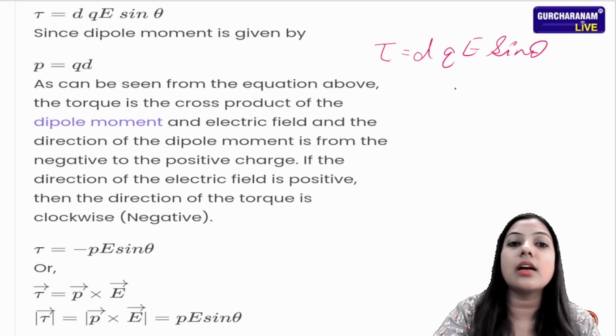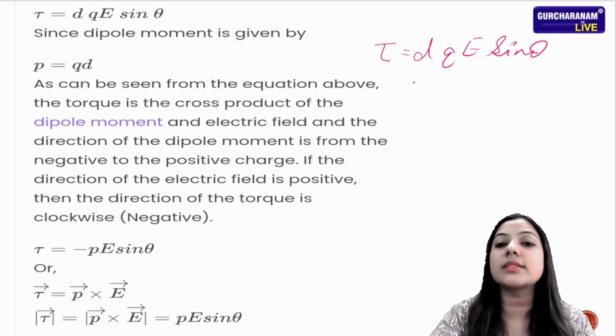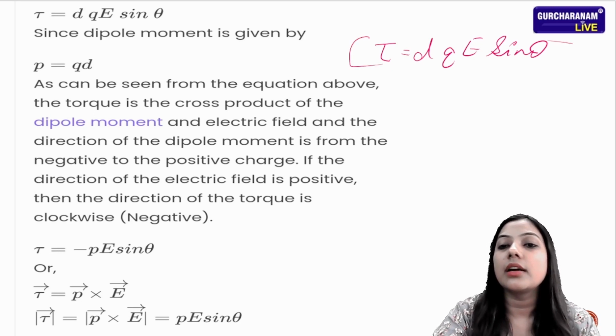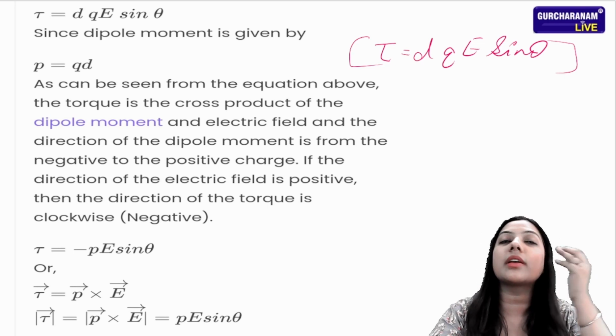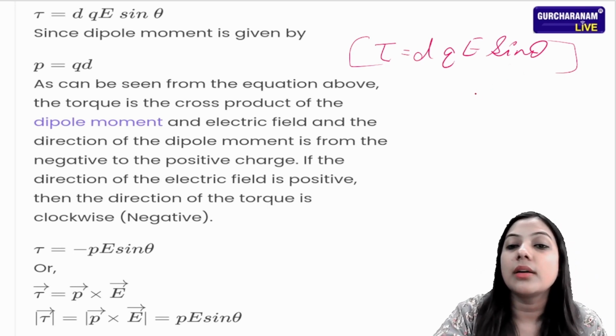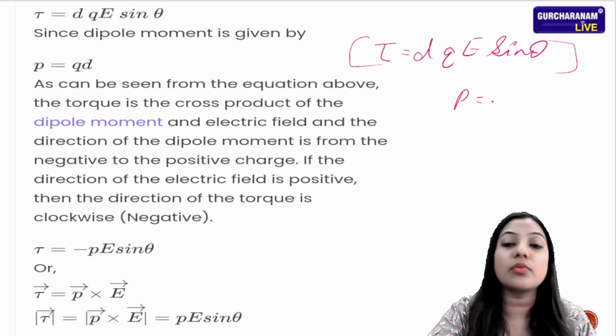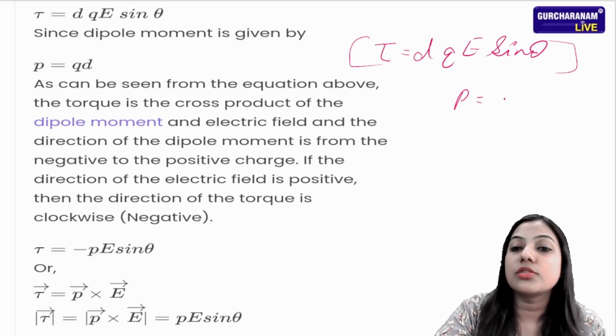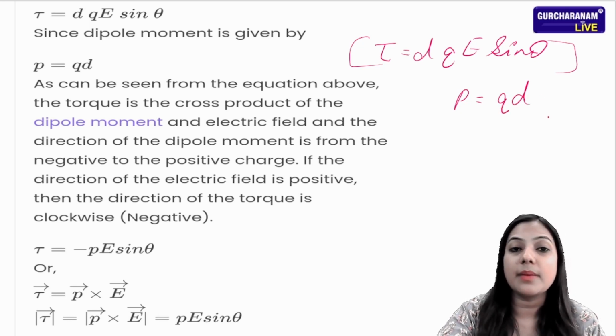So the dipole moment is given by P equals Q multiplied by d, because of the components, torque is PQ sin theta.